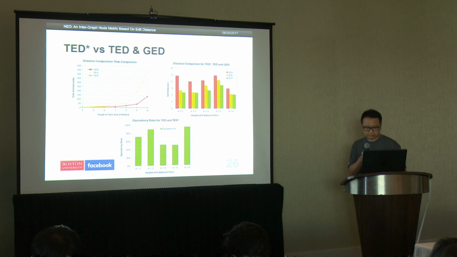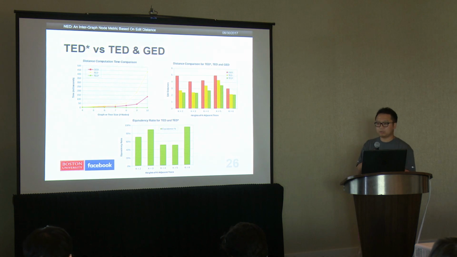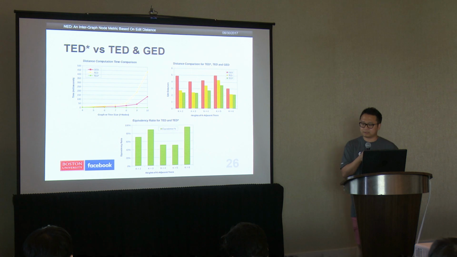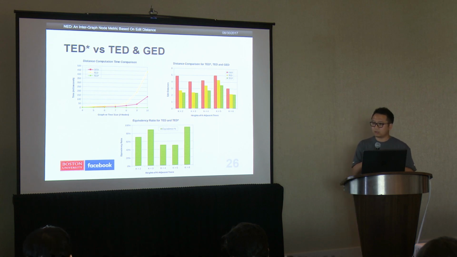And we compare with the original tree edit distance and graph edit distance. We know they're not polynomial time computable, and we use the commonly used A star algorithm to calculate the tree edit distance and graph edit distance exactly. And we found that when the tree size increased beyond 10, it's not even computable for tree edit distance and graph edit distance with the A star algorithm.